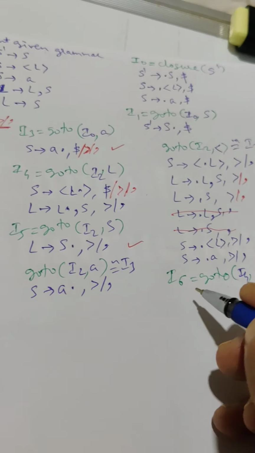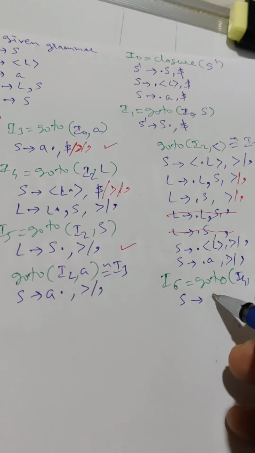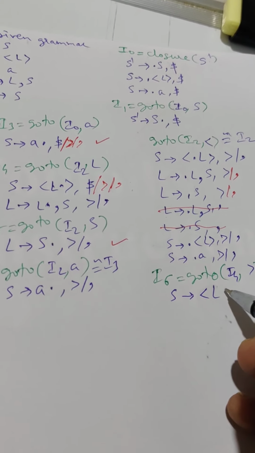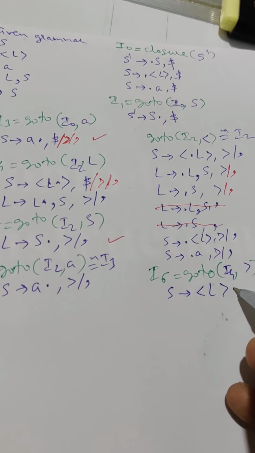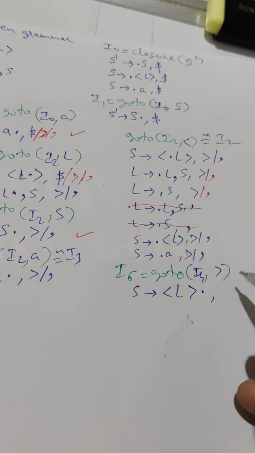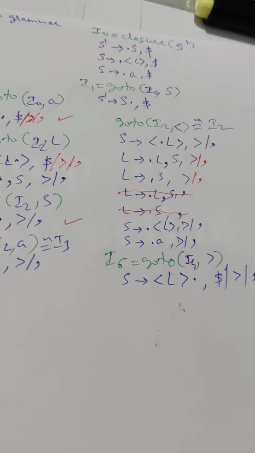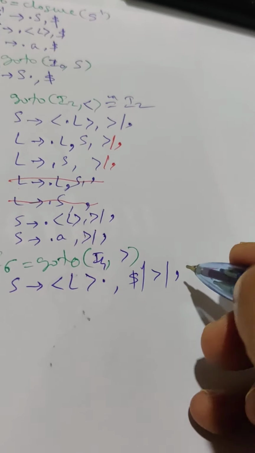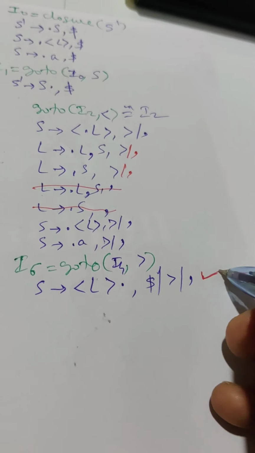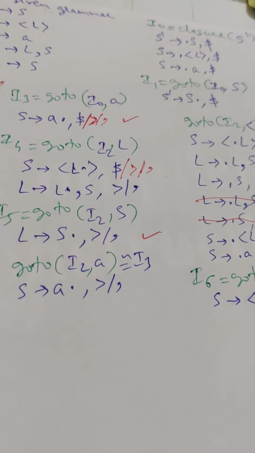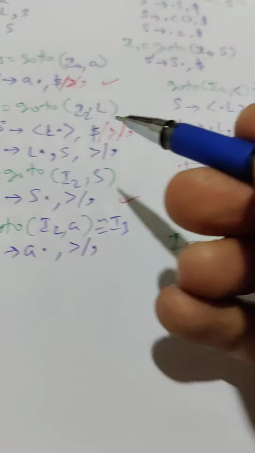So it's going to be S goes to L greater than dot, that's a finish rule, and then lookaheads are dollar, greater than sign and comma. So this is again a finish rule. Okay, so now I4 is done.